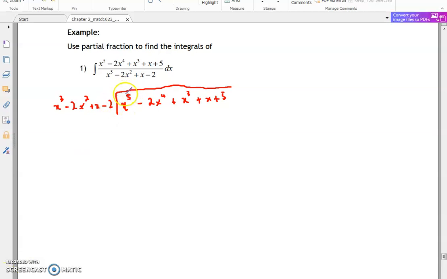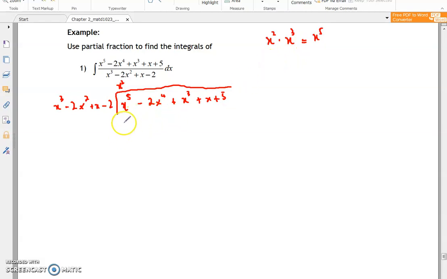Now we want to eliminate the term x to the power of 5. So we need to think of a number that should be multiplied by x cubed so that we get x to the power of 5. Here we put x squared, because x squared multiplied by x cubed gives x to the power of 5.